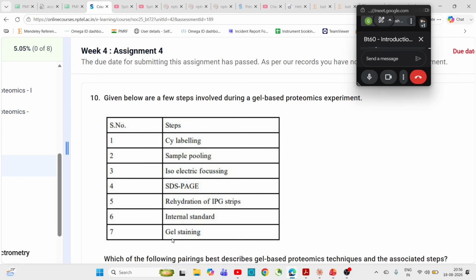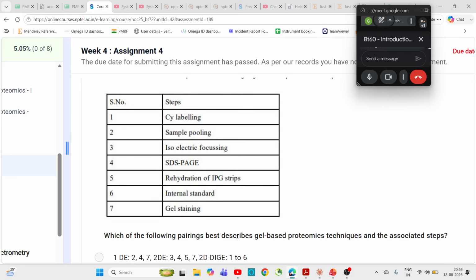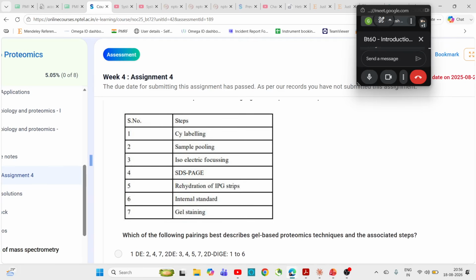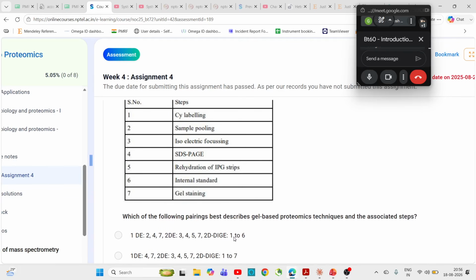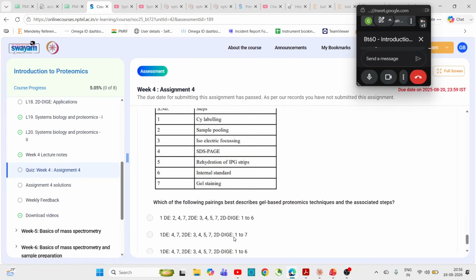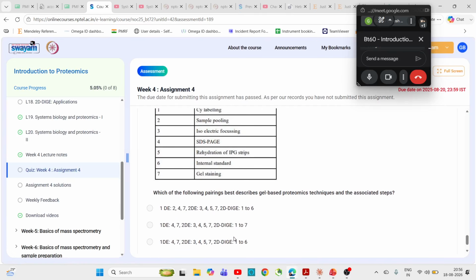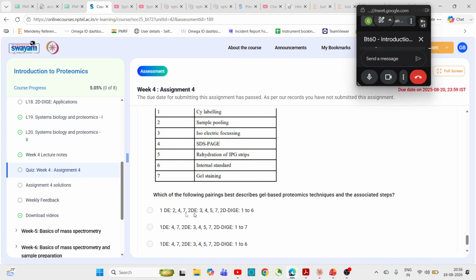So given below are few steps involved during gel-based proteomics experiment. Which of the following best describes the gel-based technique? What is the first step? What is the second step? Or which all steps are involved in one-dimensional electrophoresis, two-dimensional electrophoresis, and DIGE?